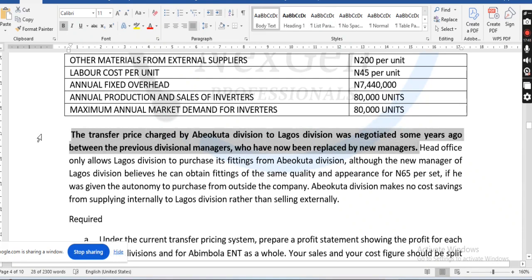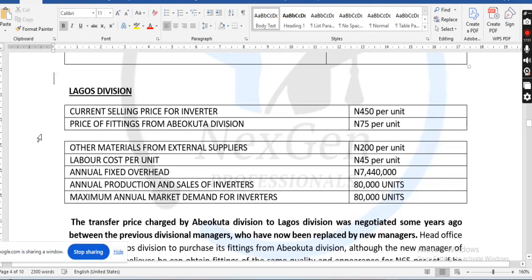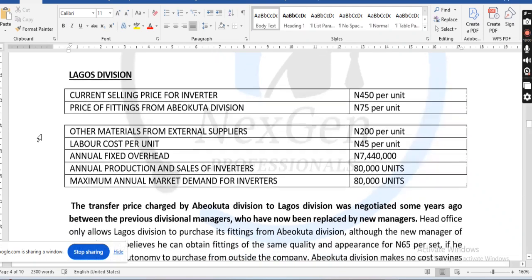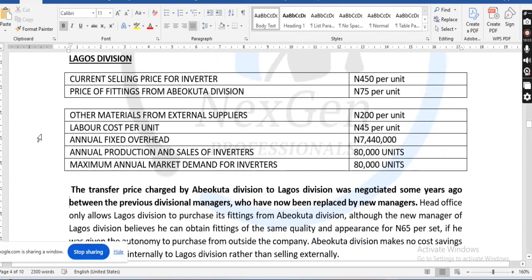Now, they are telling you that this 75 naira per unit that Lagos will buy from Abeokuta was negotiated. Ideally, if it is not negotiated, Abeokuta division would have transferred it based on just the variable costs of producing that product. But it was negotiated, and it was stated to us that it was negotiated before now, which is 75 naira per unit.